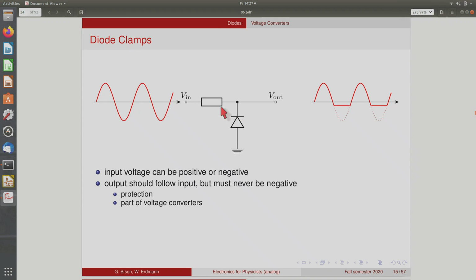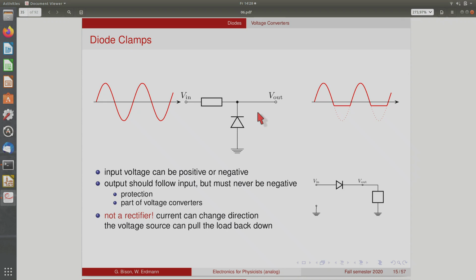Whenever this is positive, this is fine, then the point here will just follow. But whenever it goes negative, the diode conducts, and it will basically not allow this point to become more negative than one diode drop. Okay, so it prevents this point from going below zero. This can be a safety feature, but it can also be used, for instance, in the voltage converters that we'll talk about in the next couple of minutes.